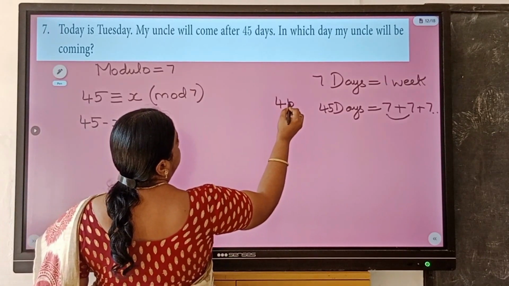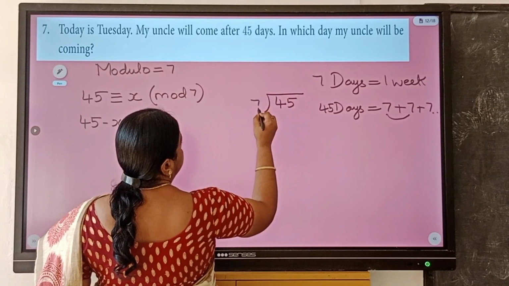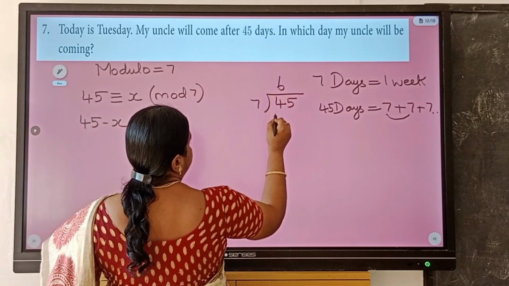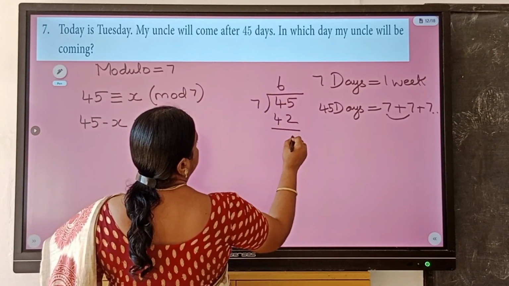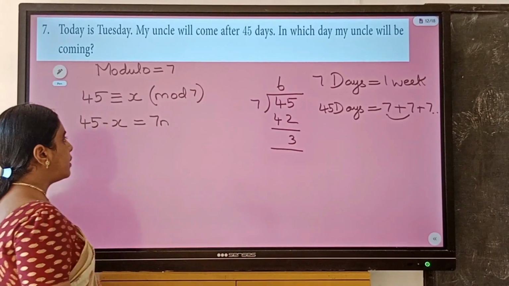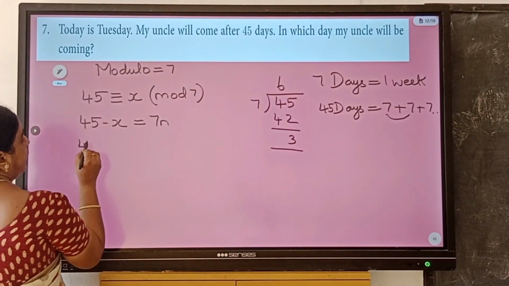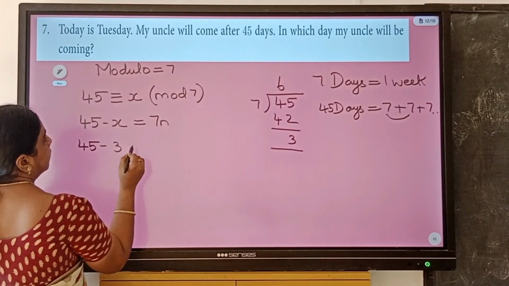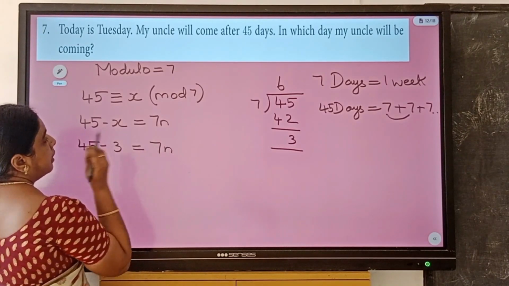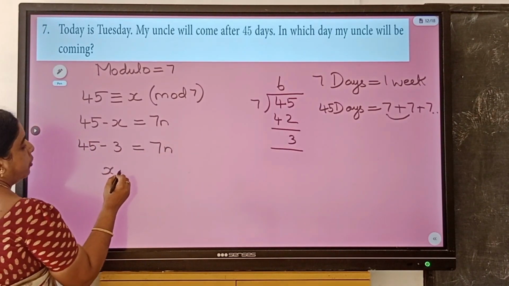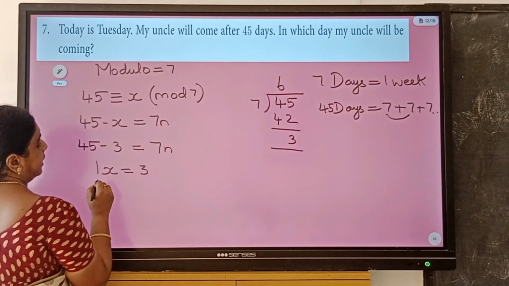So 45 when I divide it by 7, 7 sixes are 42, my remainder is 3. So 45 minus 3 is some multiple of 7. So the value of x over here is 3.